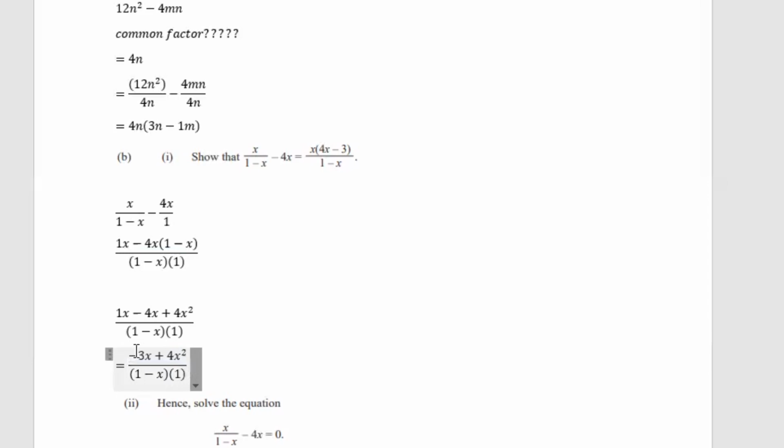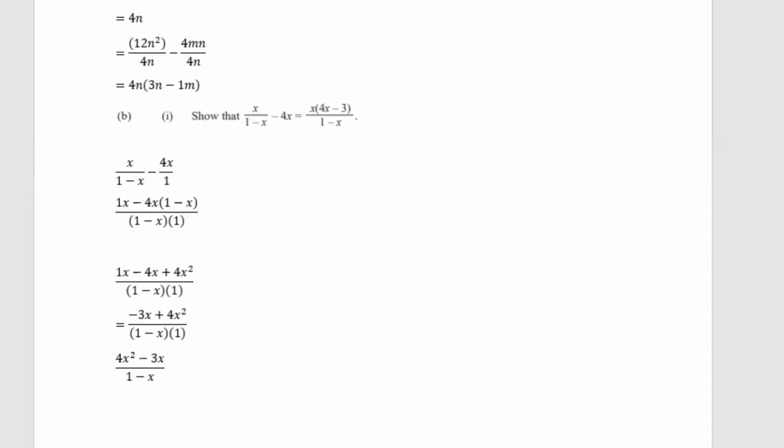So now from our minus 3x plus 4x squared, we're just going to rewrite it in the format of having the 4x squared in the front. So what we'll have is 4x squared minus 3x, and that is divided by 1 minus x. So what we know is that from this 4x squared minus 3x, what is common now up top, because that's what they did in the question, they factorized.